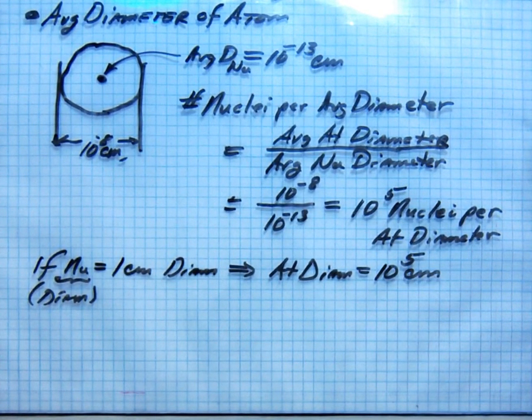So 1 nuclear diameter, and if I want the atomic diameter, I have to have 100,000 of them lined up all the way across.